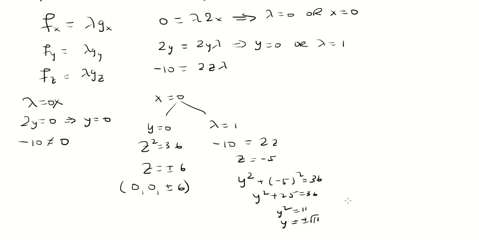So the point there is going to be x equals 0, y is plus or minus root 11, and then z is negative 5. So we need to test these guys out.